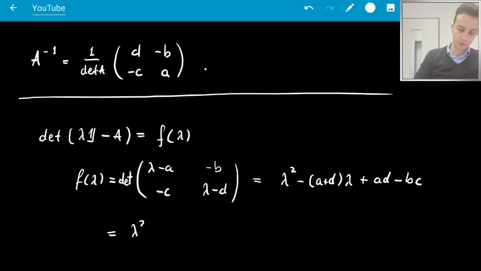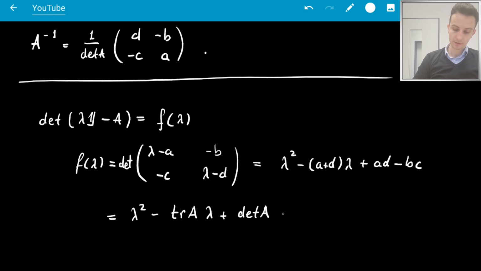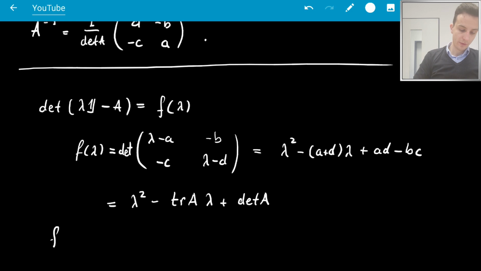And now that's equal to, just by recognizing the various matrix functions, lambda squared minus the trace of A times lambda, and then plus the determinant. Okay, looks good. And now we impose f of lambda equals 0.